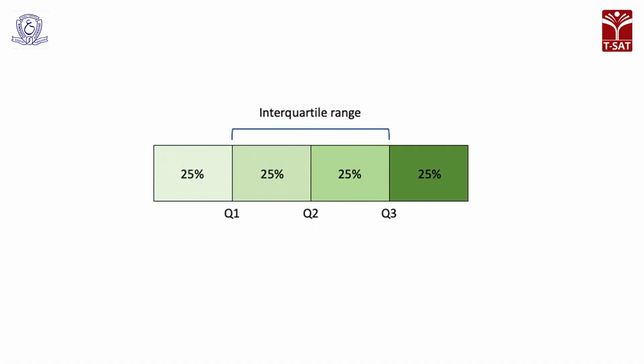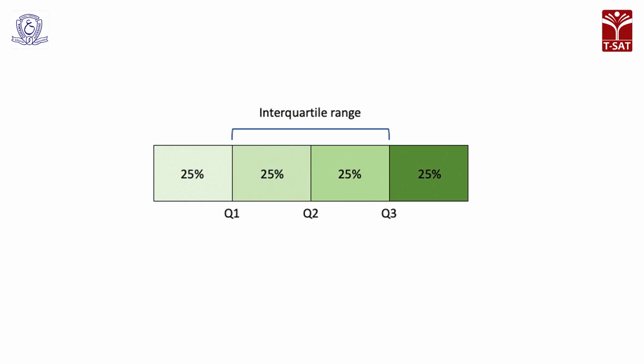Quartile deviation or interquartile deviation. The range is based on two extreme items and it fails to take account of the scatter within the range. The total distribution is divided into four quartiles: Q1, which is 25%, Q2 is 25%, Q3 25%, and the fourth quartile Q4 is 25%.